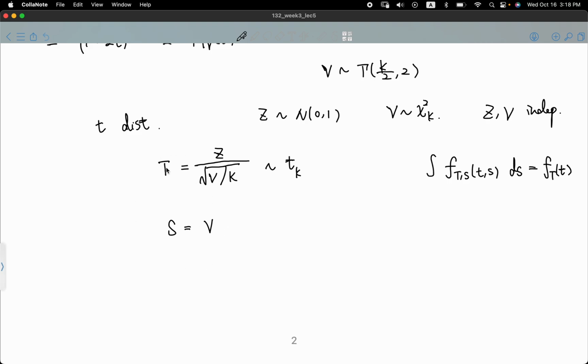So we have two more random variables. Again, the idea is to go from the density function of z and v to get t and s, and then take another integral to get the marginal of t. That will be our strategy.